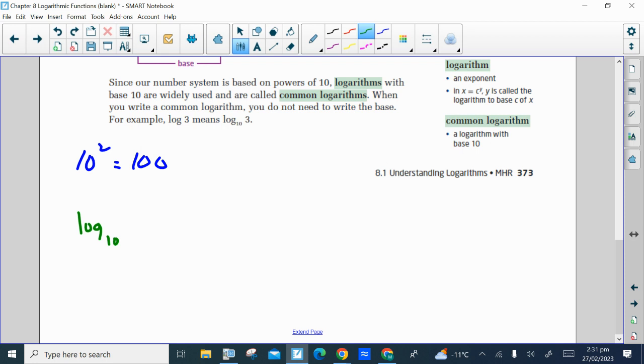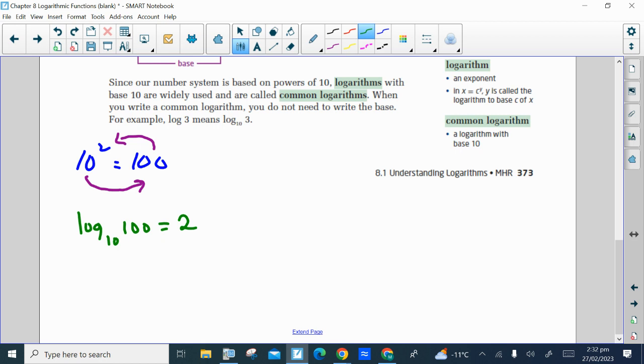To know what order the other parts go in, start with the base and cycle through. What I mean by that is cross over the equal sign. From the base of 10, you cycle through across the equal sign to the 100, and then from the 100 back across to the exponent of 2. This tells you what order the other pieces are written in. So after log base 10, the next thing you write is 100. And after the 100, you're going to have equals 2. Start with the base and cycle through. It tells you what order they're written in.